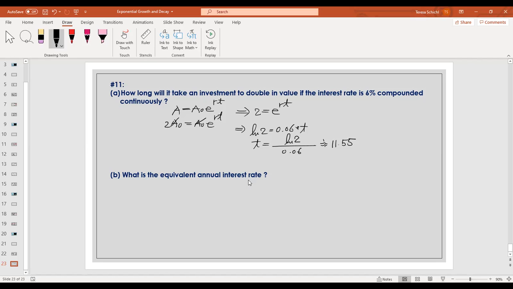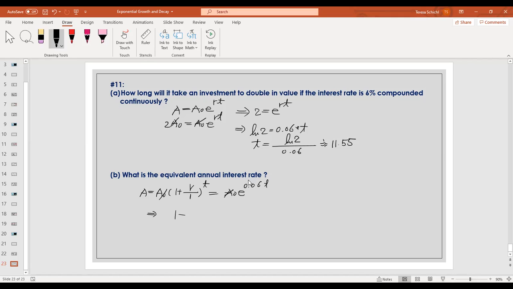We know that for annual compounding, the amount is A0 times (1 plus r over 1) to the t. We say it's equivalent to A0 e^(rt), so this is my annual rate, and this is e^(0.06t).